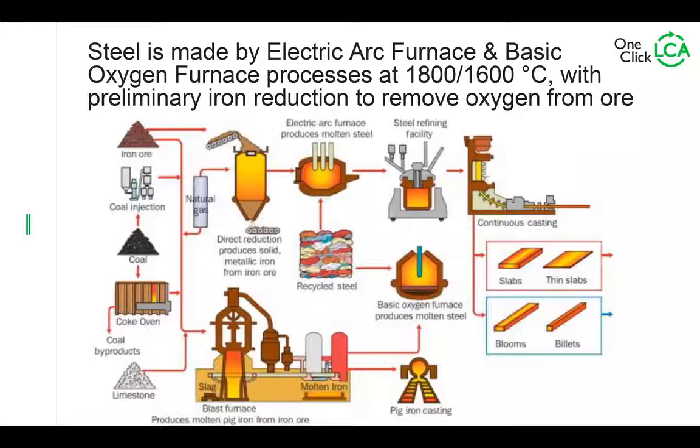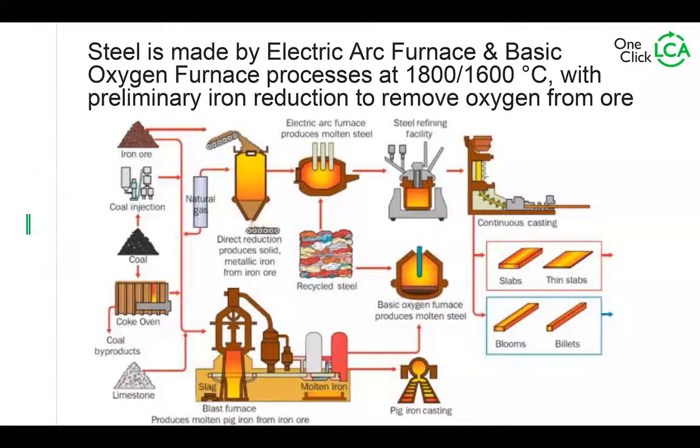So you end up with something which is iron. And once you end up with the iron, you put some additives to it for achieving better properties. You put some carbon, possibly some nickel and other things to achieve the steel properties you want.